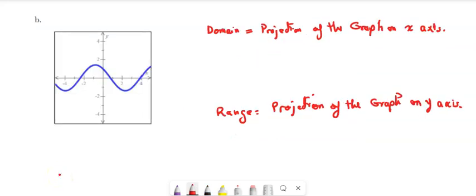All right, so we are in letter B. We have a graph of a function over here, and we want to figure out the domain and range. As we defined earlier, the domain is going to be the projection of the graph on the x-axis. So the x-axis is this one, and you are looking for the shadow of this function.